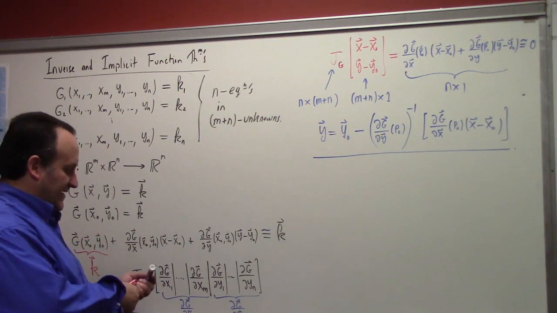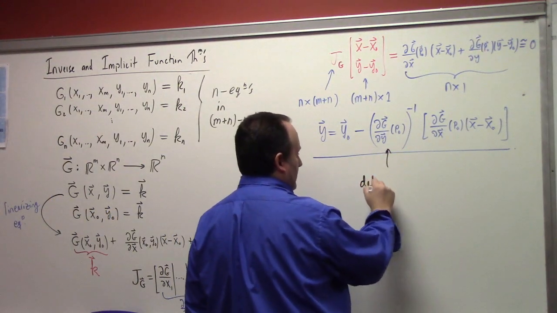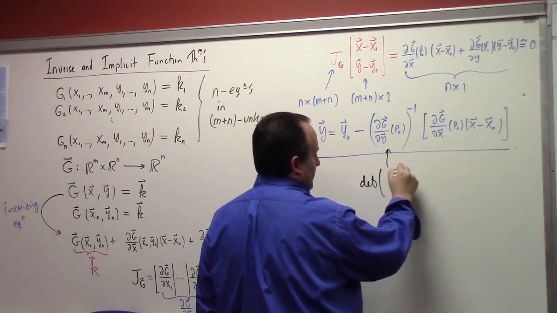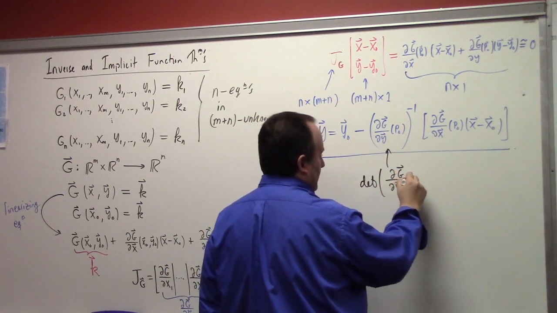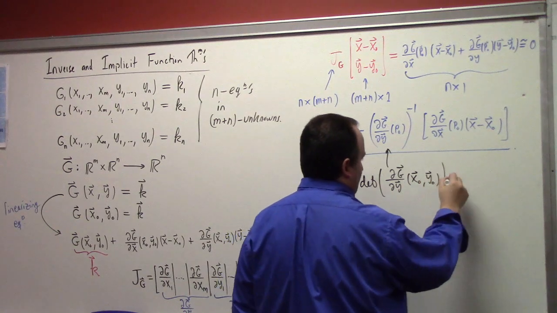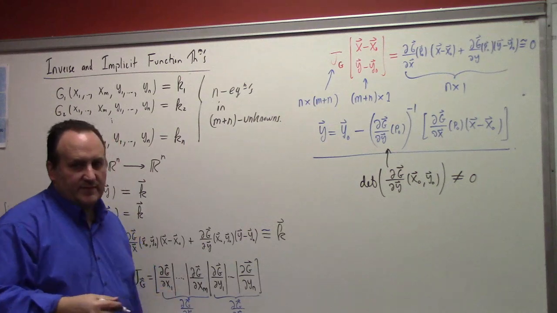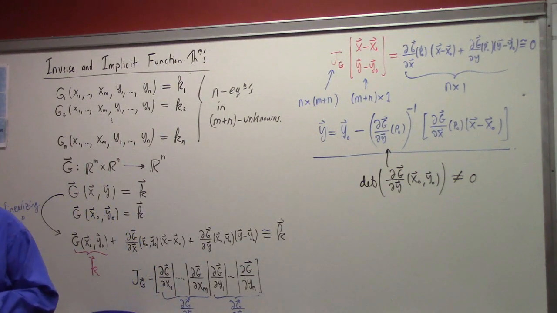But of course it all rests on the condition that we need the determinant of partial g partial y at our point to be not equal to 0. If we have that non-zero and we have continuous differentiability of the defining equations, then we can write all the y variables as functions of the x variables.